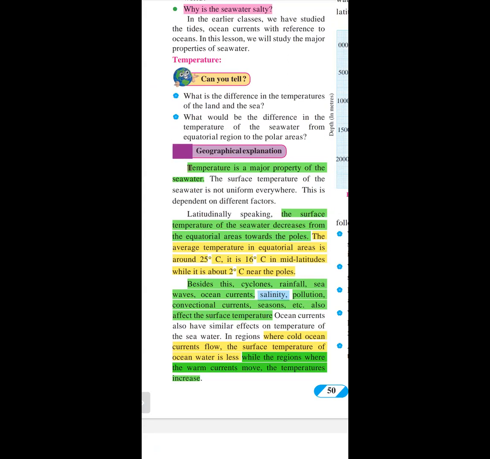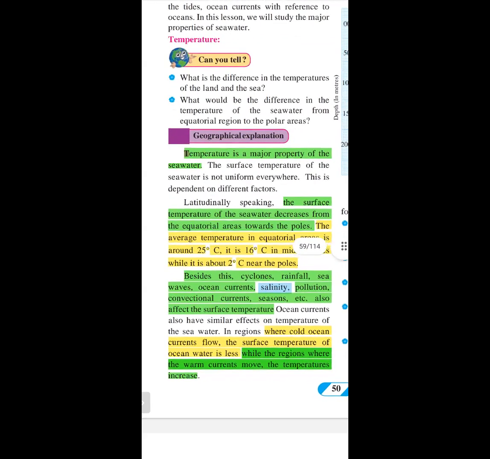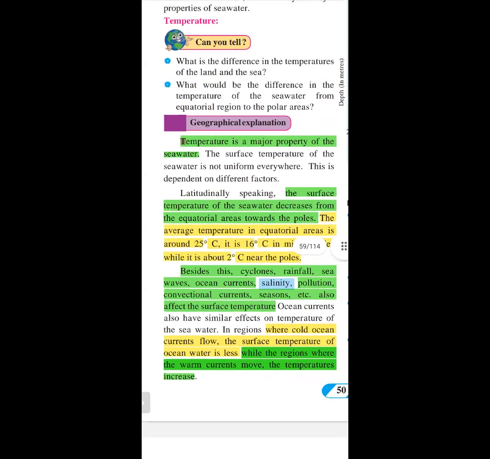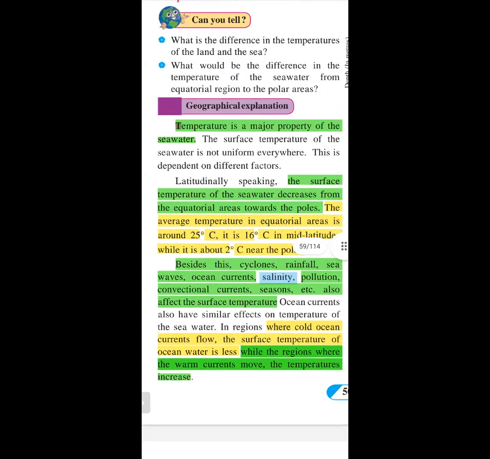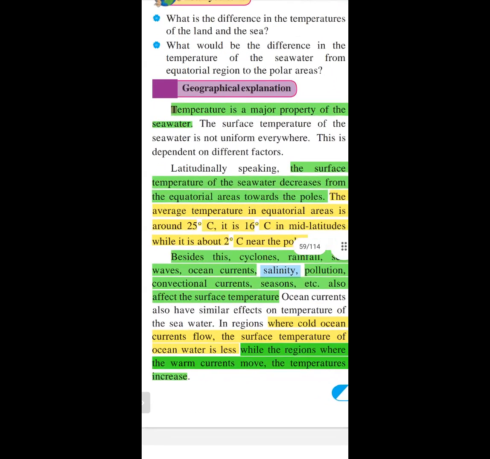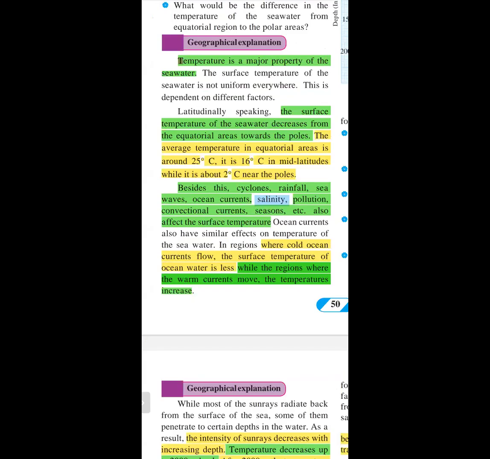The second point is in the third paragraph. See the green color. Cyclones, rainfall, sea waves, ocean currents, salinity, pollution, convectional currents, seasons, etc. also affect the surface temperature. Ocean currents also have similar effects on the temperature of the seawater. That is the second point of question number 3C.